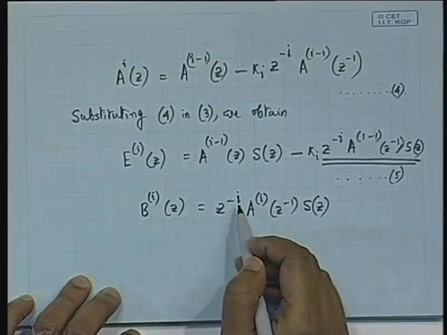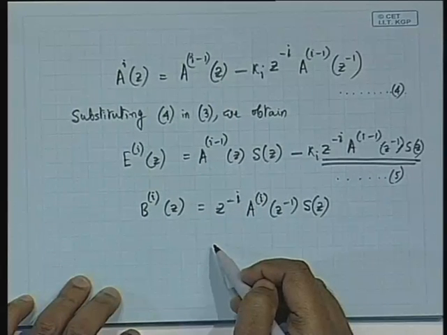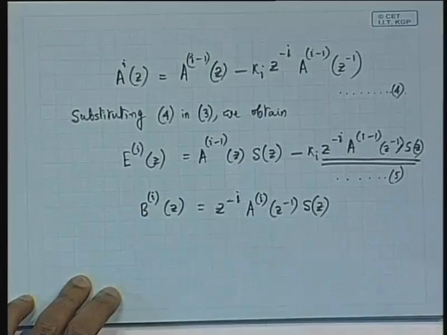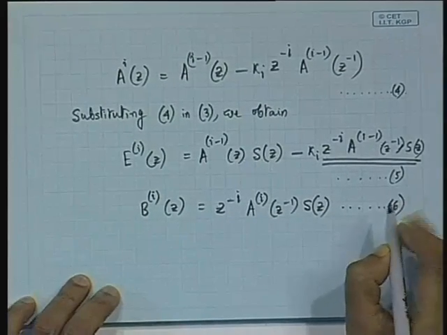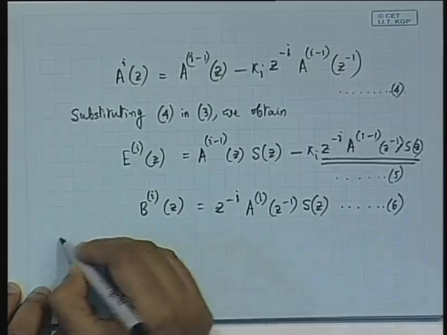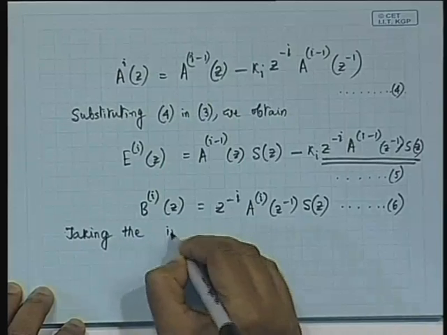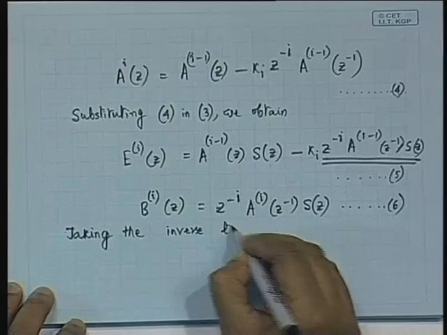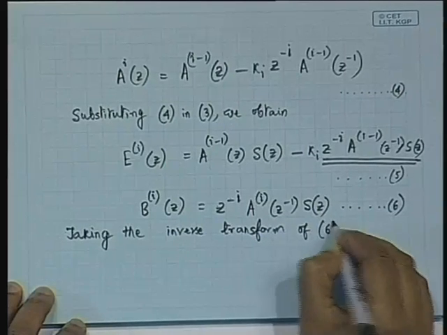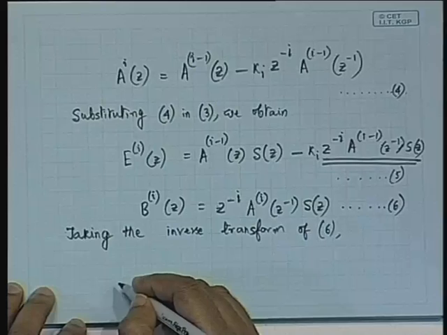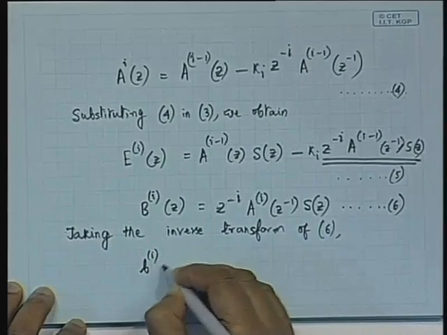Of course, that would mean there is another term, which will be Z to the power plus 1. Anyway, say this is equation 6, and taking the inverse transform of 6, in the left hand side we are going to have its inverse transform to be small b_i(m).